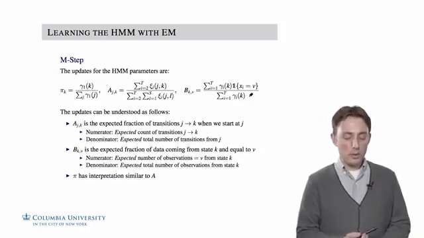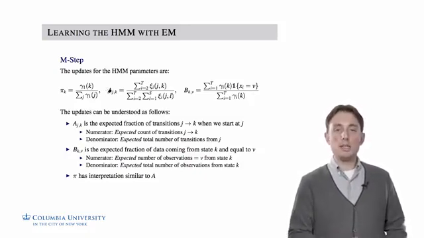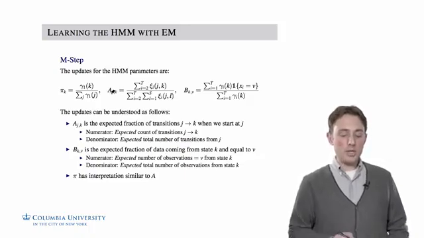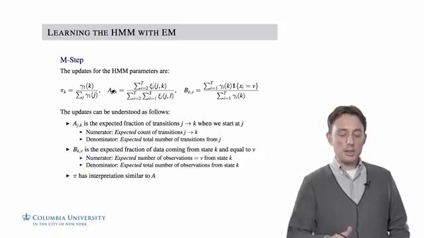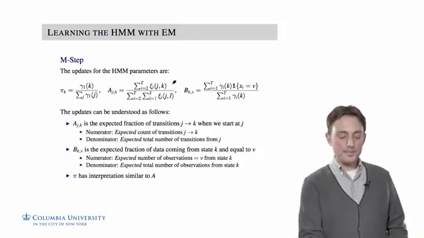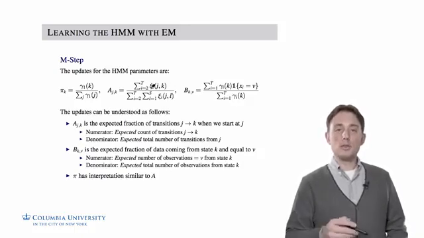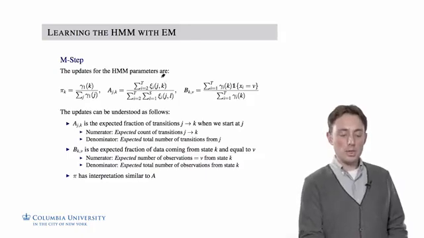So let's look at these one by one. First, let's look at the update for the probability of transitioning from state j to state k. Given I'm in state j, what's the probability I transition to state k? This is simply the expected fraction of transitions from state j to state k when we start in state j. The numerator sums over each transition i the conditional posterior probability of making that transition at that time point. So we're summing over the expected number of transitions from state j to state k.